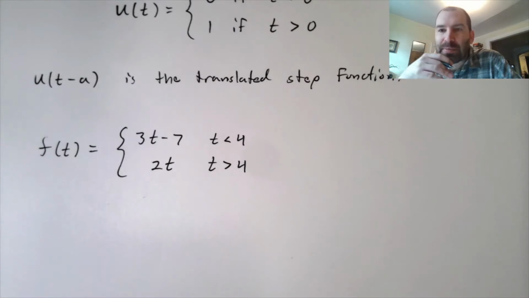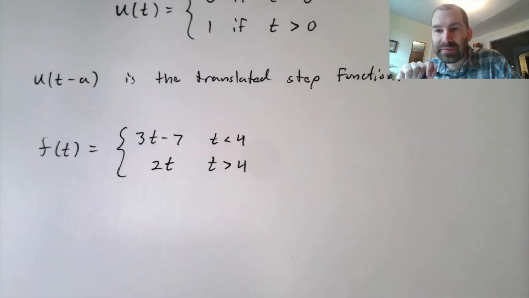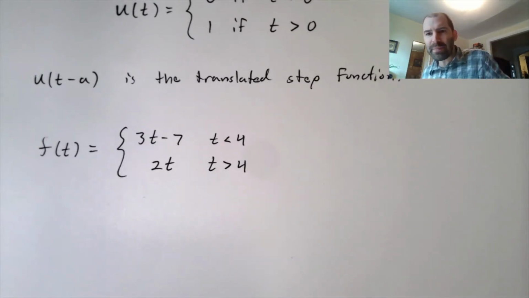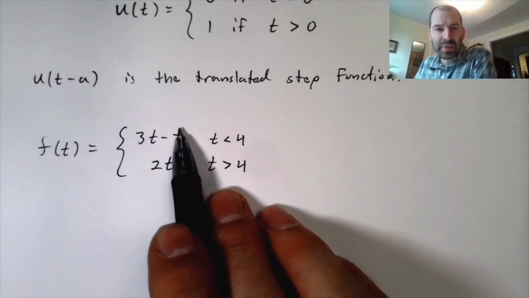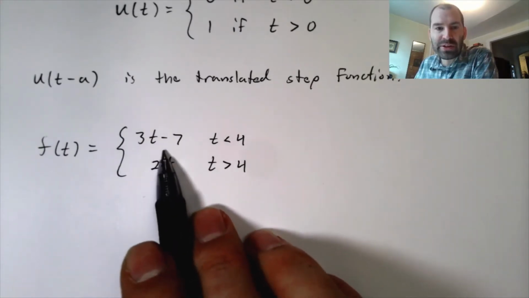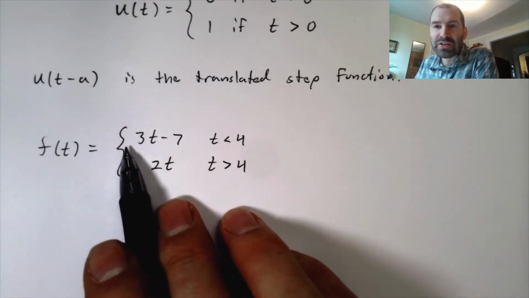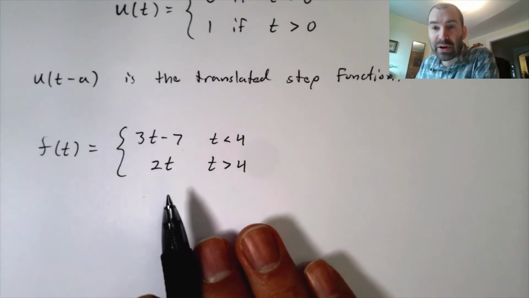How do I express this function in terms of the step function? Well, if you think about what we need to do here, we need to have this function while we're less than 4. So what I'm going to do is multiply this function by a function that's equal to 1 up until it gets to 4, but then all of a sudden becomes 0.